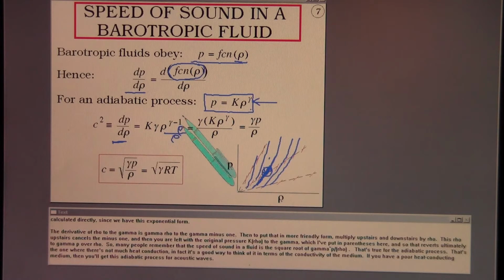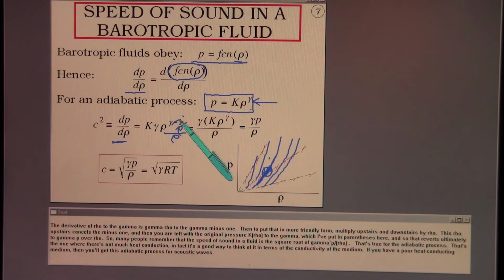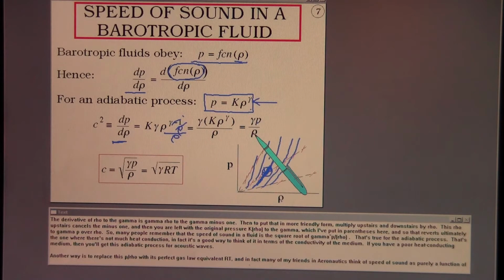This rho upstairs cancels the minus 1, and then you're left with the original pressure, K rho to the gamma, which I've put in parentheses here, and so that reverts ultimately to gamma P over rho. So many people remember that the speed of sound in a fluid is the square root of gamma P over rho. That's true for the adiabatic process.